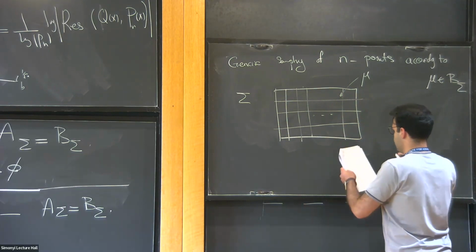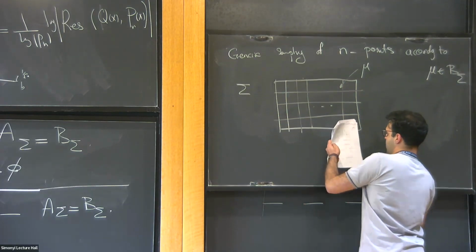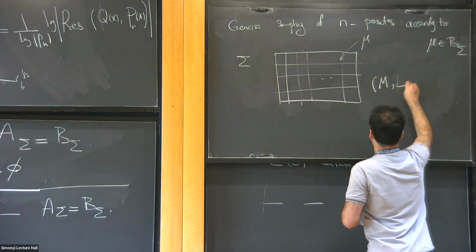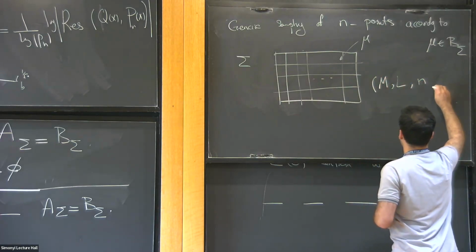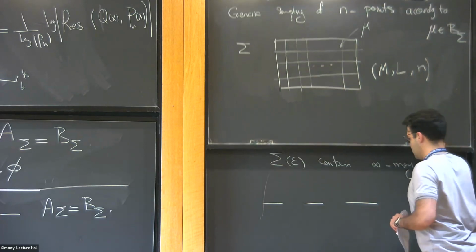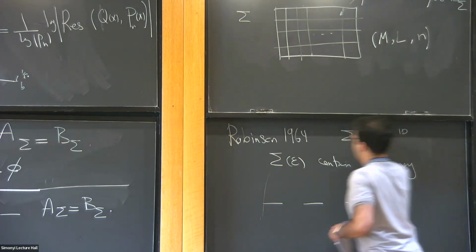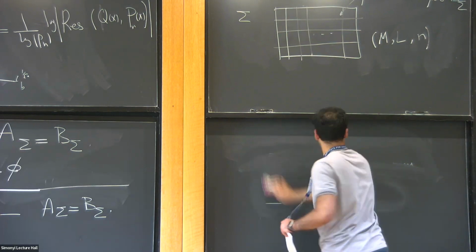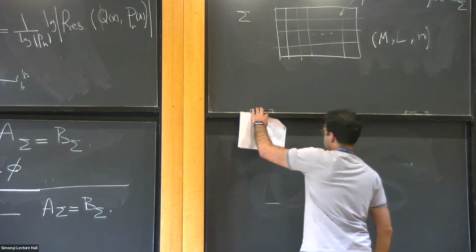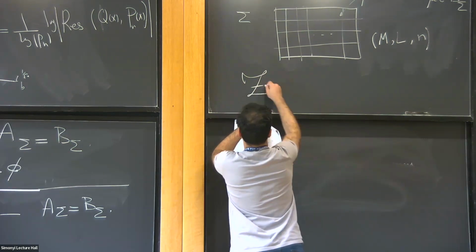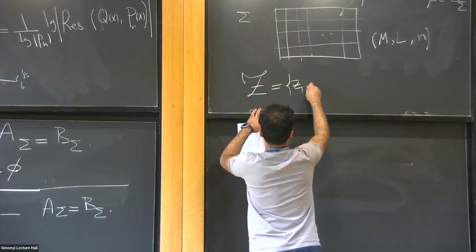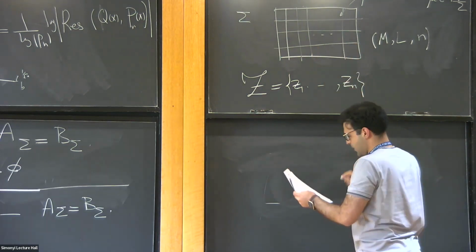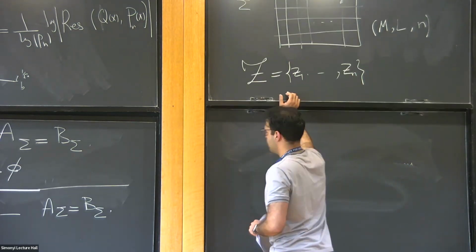So that's one parameter. So it comes with parameters m, l, n. So what does it mean? We say a collection Z, Z1 to Zn, is a generic sampling of endpoints if it satisfies this property.